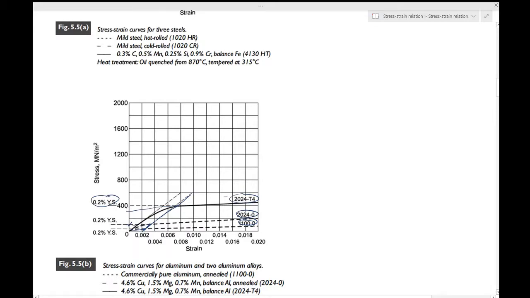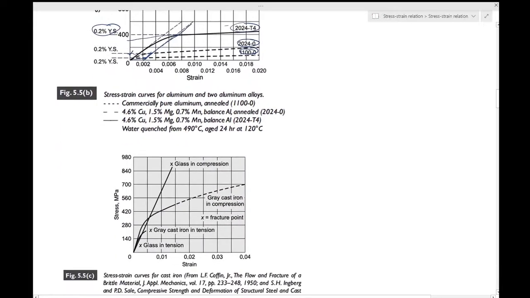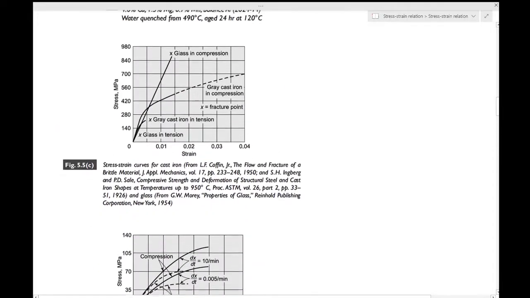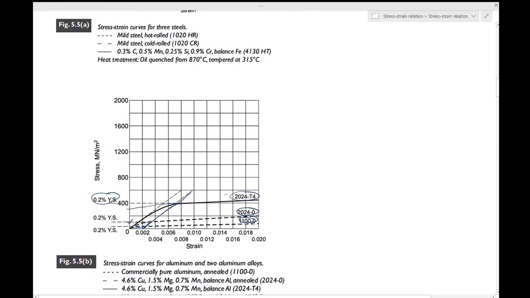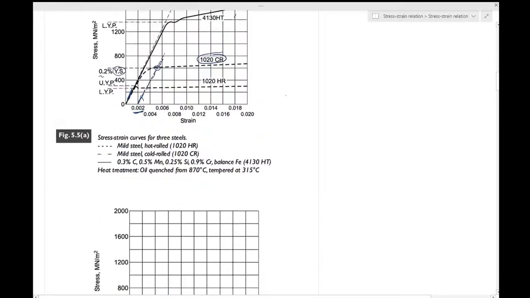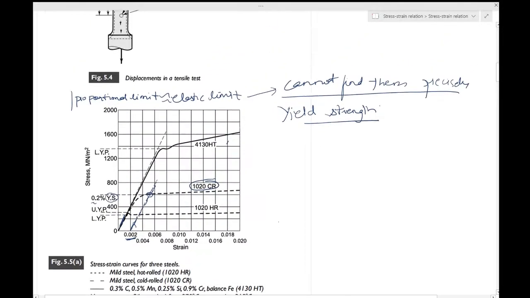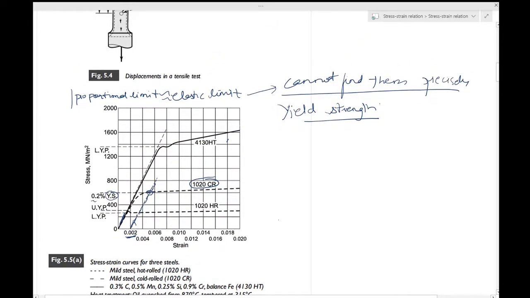So that's how you can find the yield strength, and this will be an exact, precise number for you. There will be no doubt about this one because it's essentially the intersection between two curves.